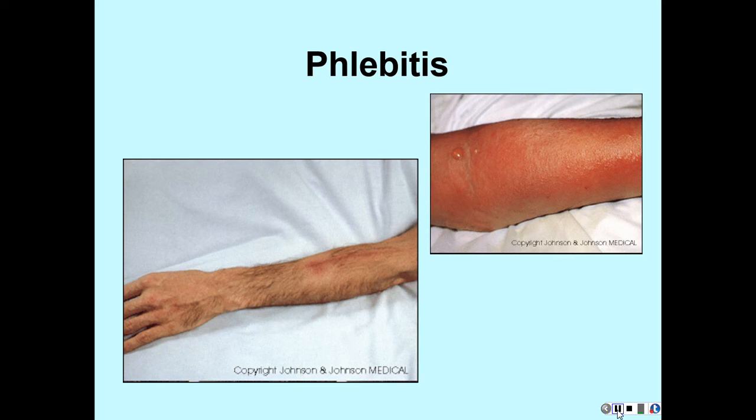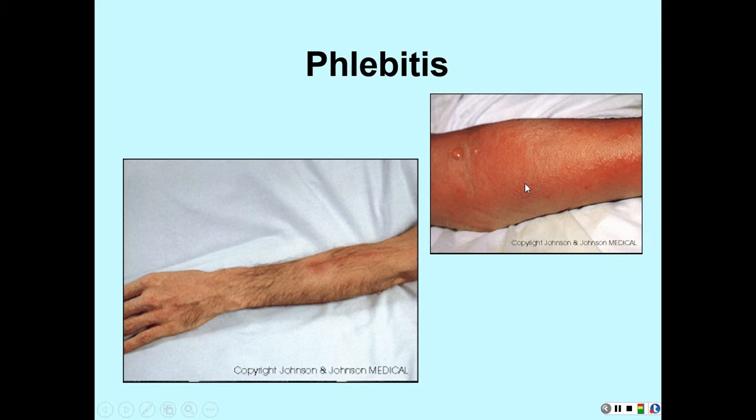Okay. All right. So this is a couple of pictures of phlebitis, and what you notice is that it is painful. Okay, it is usually red. You can see the vein itself. Okay, the vein is usually hard, very tender to palpation, and it just feels warm.